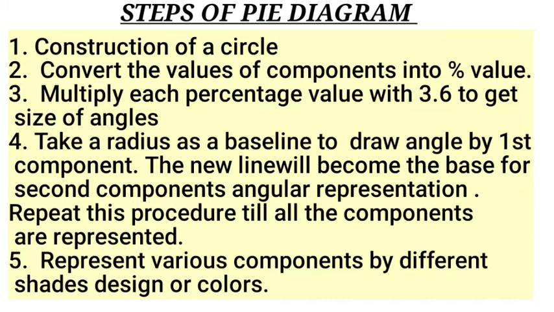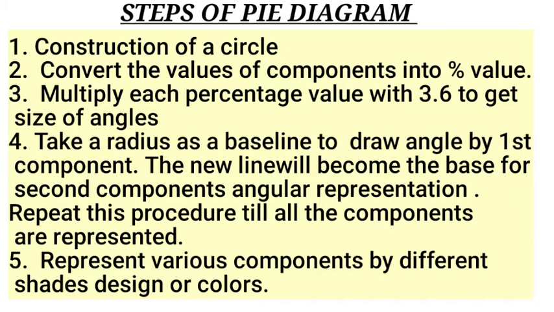The third step is that the percentages are converted into degrees. This circle can be divided only by taking degrees. So the percentages are converted into corresponding degrees in a circle.